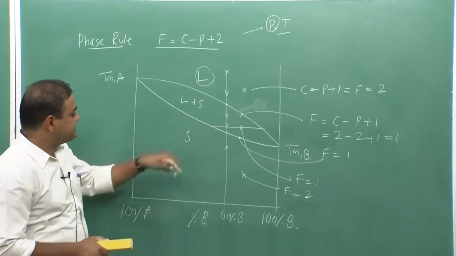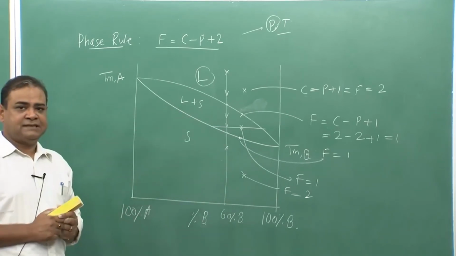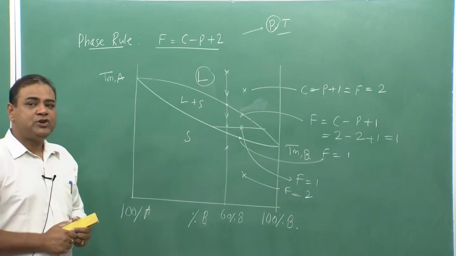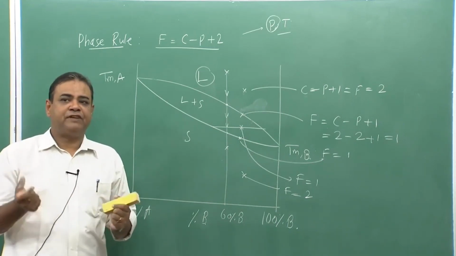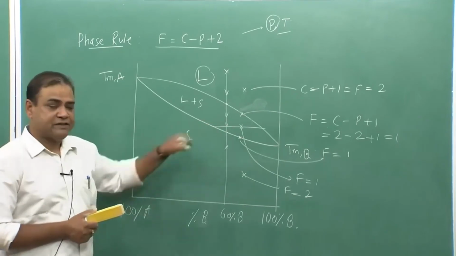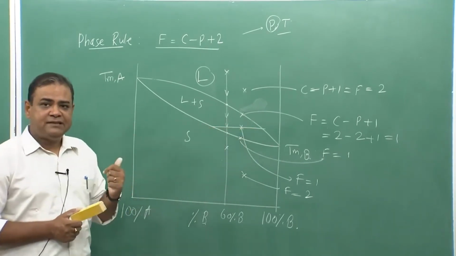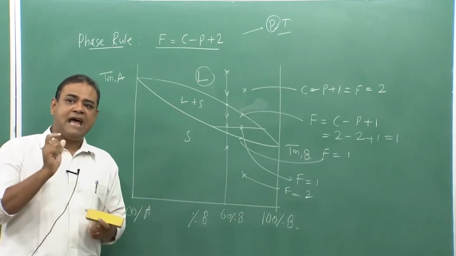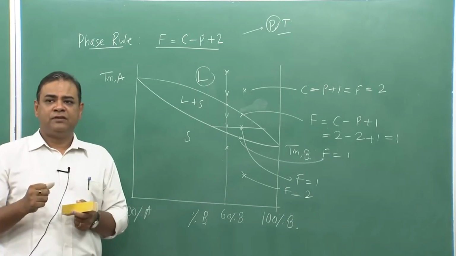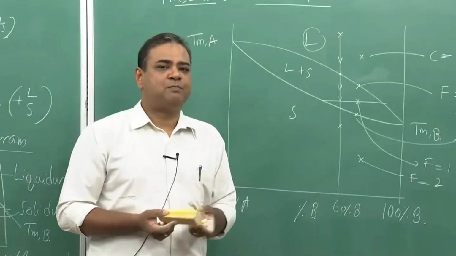This tie line is nothing but a line parallel to the composition axis, and that gives me the idea of the fraction of different phases, and here we have 2 phases. So along this tie line we can get the amount of liquid as well as solid, and that amount in the form of weight fraction, because it comes from the mass balance.